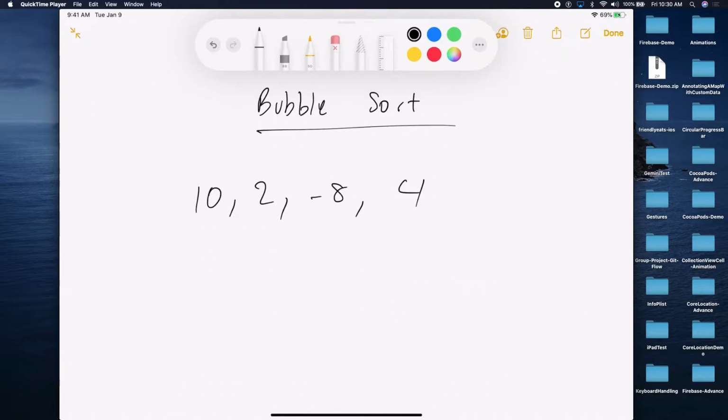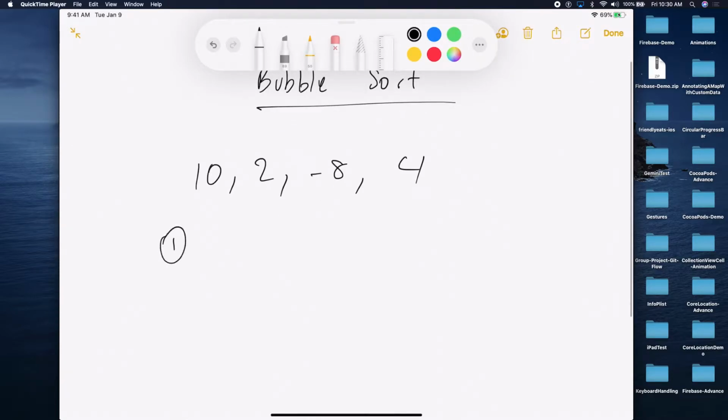We'll implement bubble sort to sort those values. So the first pass, we look at 10 and 2. So here we're looking at 10 and 2, right? Then we look at minus 8 and 4.